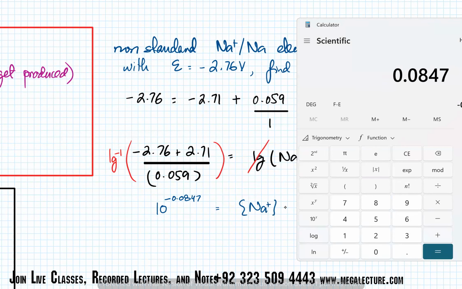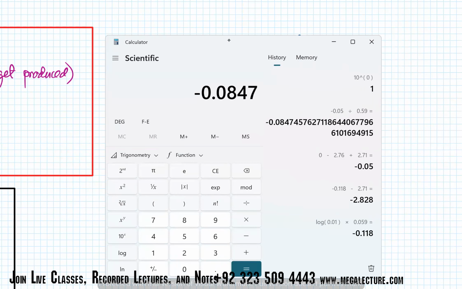Yes, sir, I got minus 0.847. क्या था? Minus 0.847. 0.0847 नहीं था. 0.059 किया, 0.59 किया. मैं देख लूं, मैंने तो नहीं गलत किया. हाँ ठीक है, मैंने गलत किया.